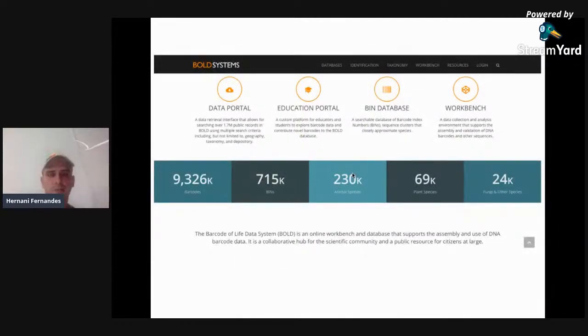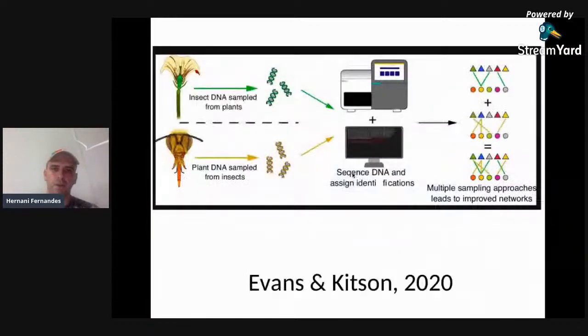One of the most famous ones is the BOLD Systems, where we currently have more than 230,000 species deposited. So you have a wide range of possibilities to match your sequence with a potential species that might be stored in the database.